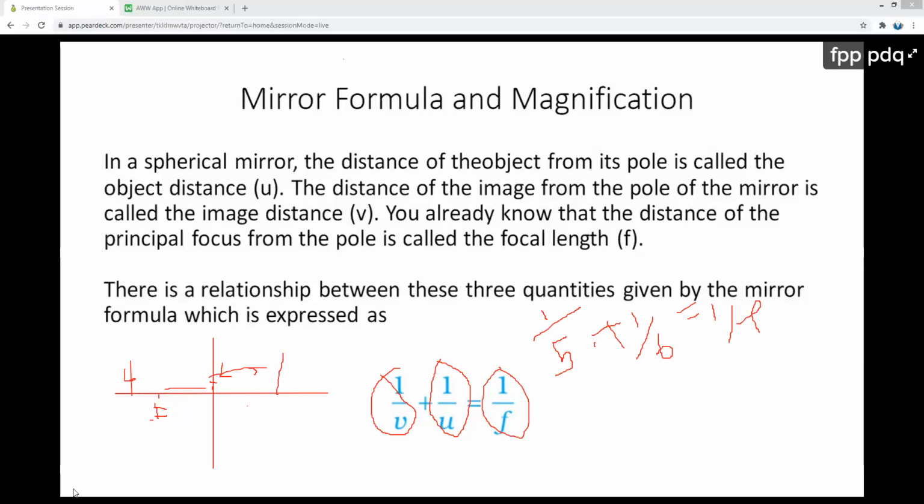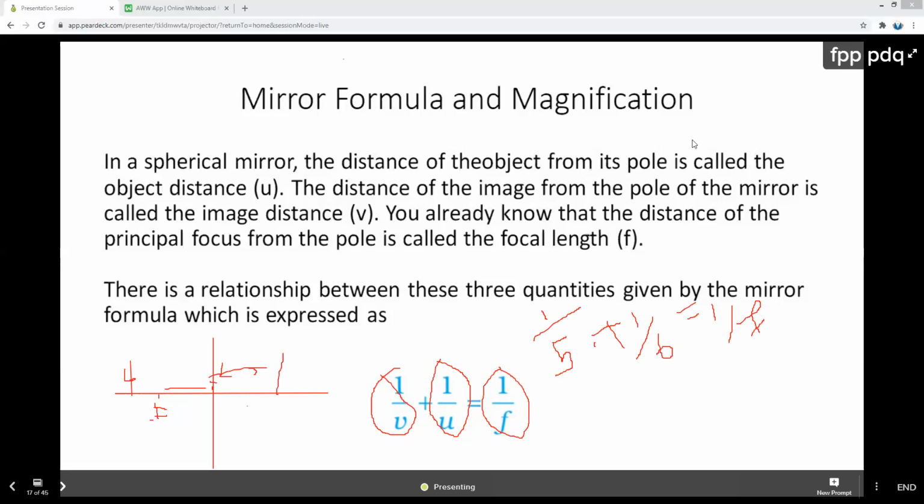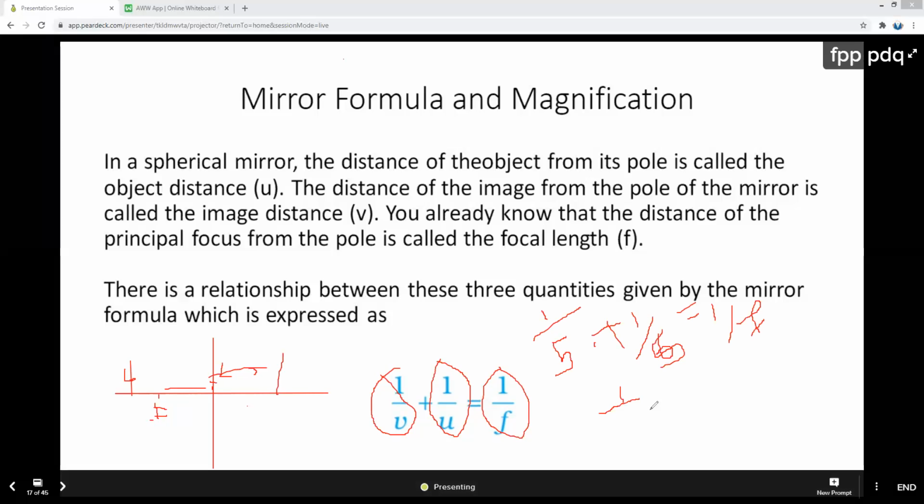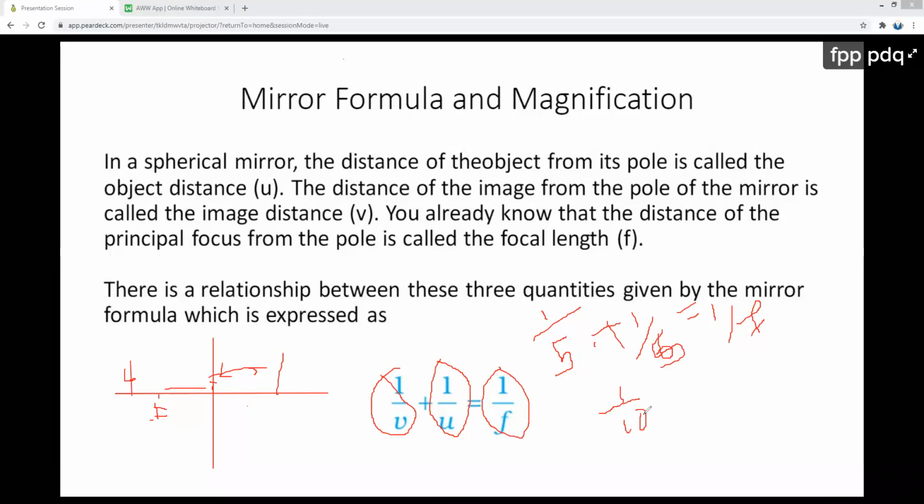Okay, let's take this also as 5, this will make it easy. So we get 2 by 5, which is 1 by 10... wait, 1 by f equals 1 by 10. So in this case, the focal length will be 10.